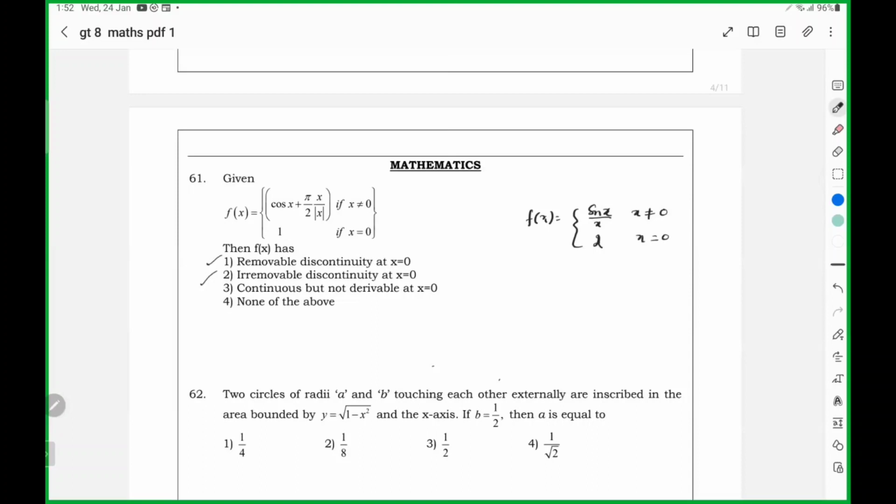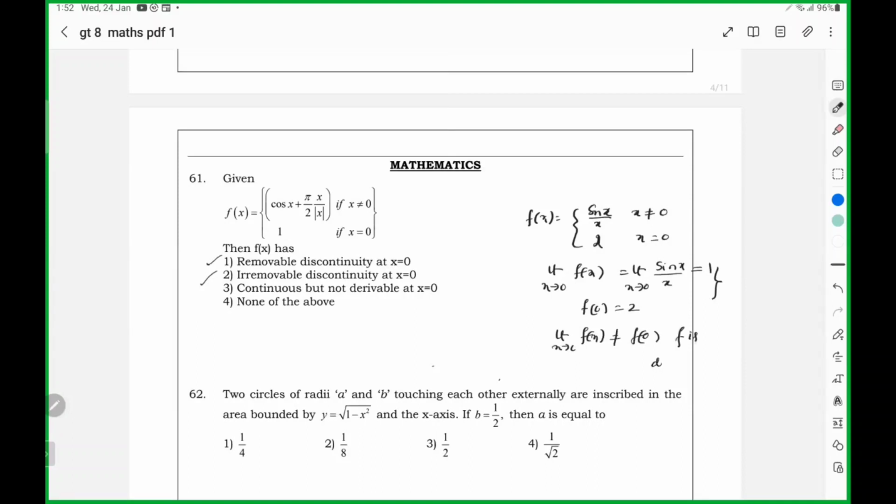If I define a function like this, limit x tends to 0 f of x is sin x by x, which is 1, but f of 0 is 2. So limit x tends to 0 f of x is not equal to f of 0.